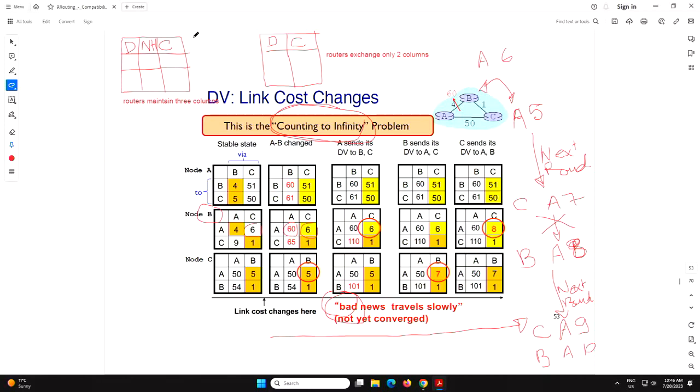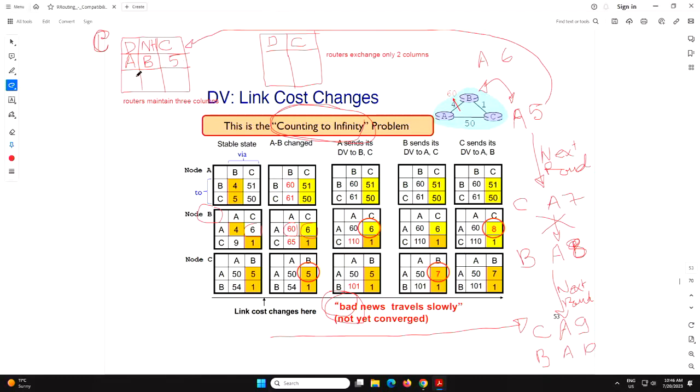So let's say this is for router B, right? No, so let's say this is for router C. And router C is saying that if I want to go to destination A, then my next hop is B, and my cost is 5, right? So I'm taking this information here.